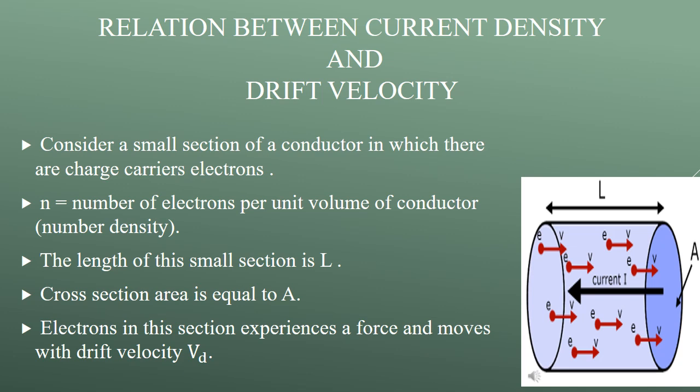We have taken only a small section of the conductor whose length is L and cross sectional area is A. All the electrons in this section experience a force and start drifting with drift velocity vd. So they will cross this area. We want to find how much charge passes in how much time.